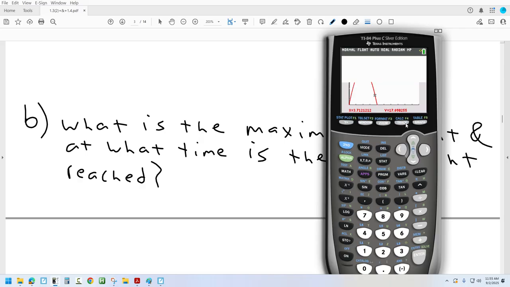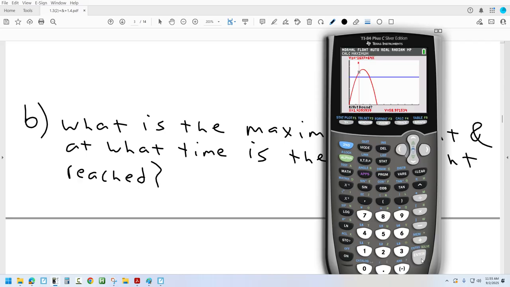Because when you do second calc maximum, the first thing it's going to ask you for is left bound. Left bound means pick a point somewhere that's to the left of the maximum. Okay, so you've got to move your cursor somewhere to the left. It can be anywhere to the left, it just has to be somewhere. And you hit enter.